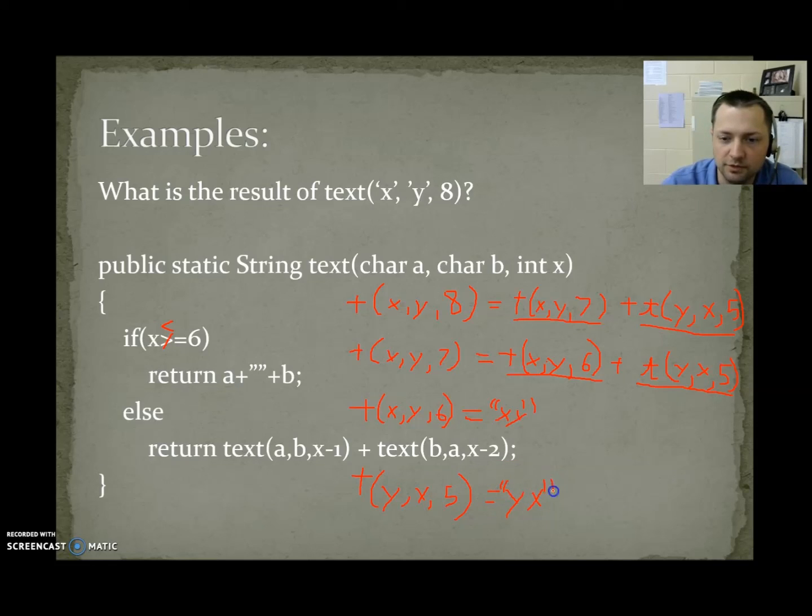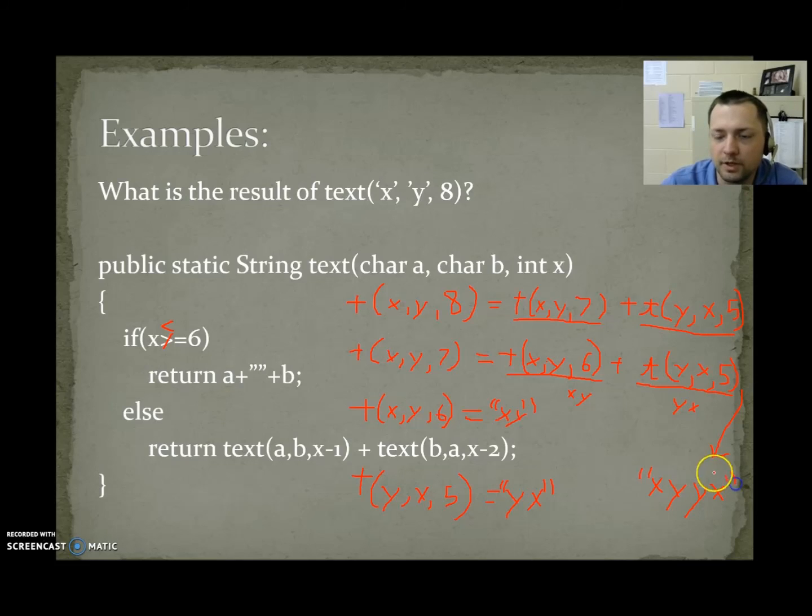So now let's just go ahead and slowly run these. T(y, x, 5) gives us yx as a result. We concatenate that with the results of T(x, y, 6), which is xy. So the total result of this guy is going to be xyyx as text.